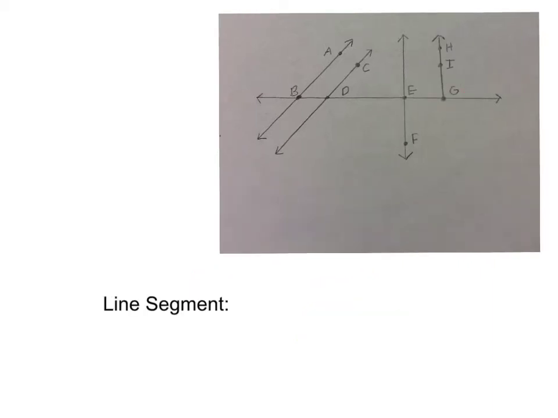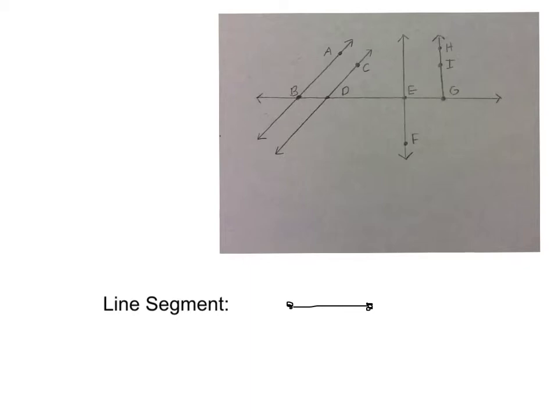A line segment has 2 points, and they are connected together with a line. A line segment does not go on forever in one direction, but it does stop at your point. We can find 2 different line segments on our plane above.